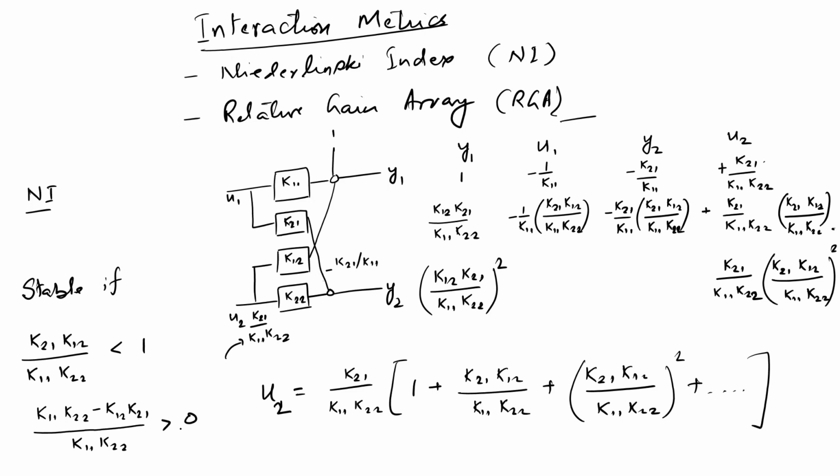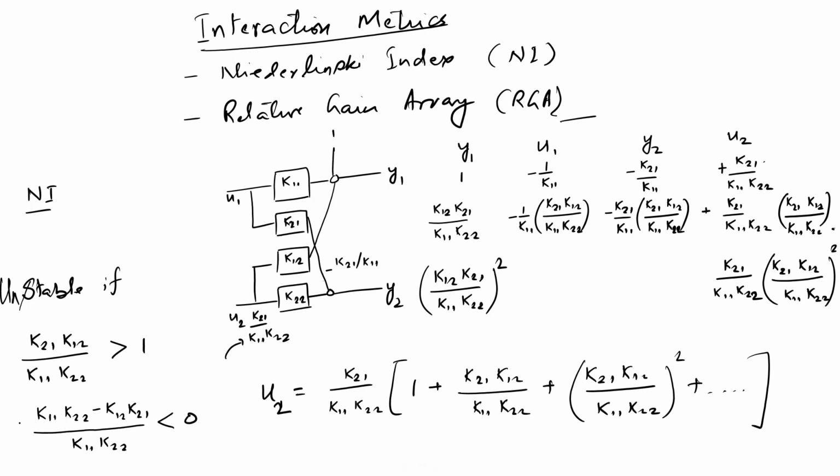I think it is better to state it this way: unstable, unbounded, if this is greater than 1 or this is less than 0.